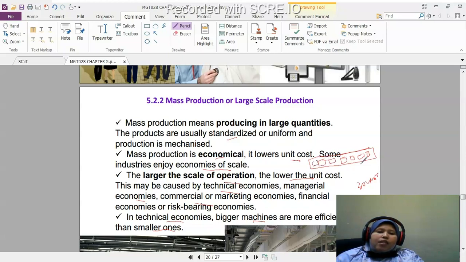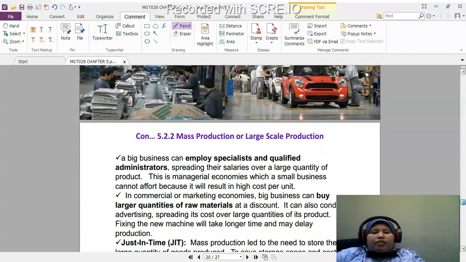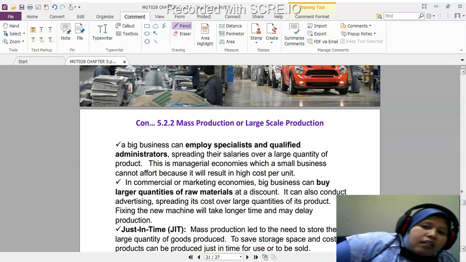Bila kita guna masa yang sikit untuk hasilkan produk yang banyak, jadi lower cost lah. Cost untuk electricity tu tak banyak, cost masa pun tak banyak. So kalau kita produce in a large scale, dia akan reduce the cost of one unit.